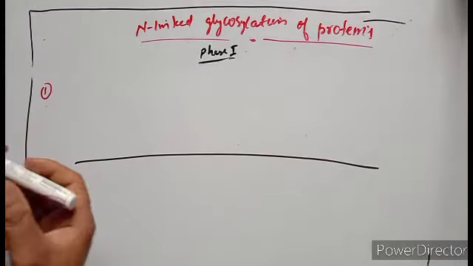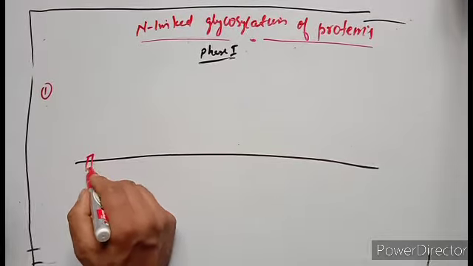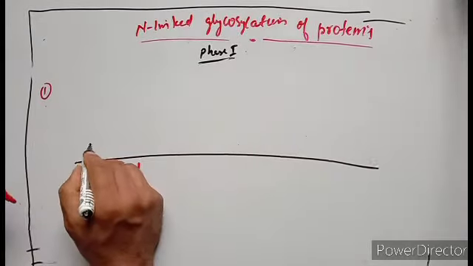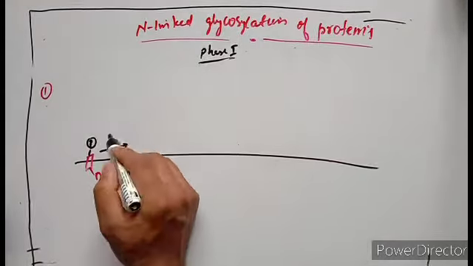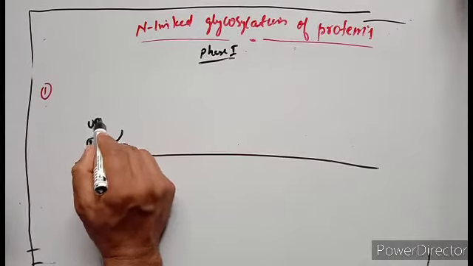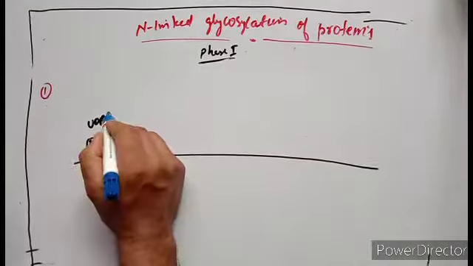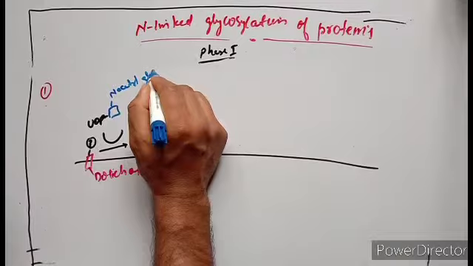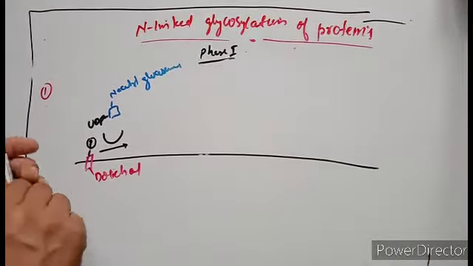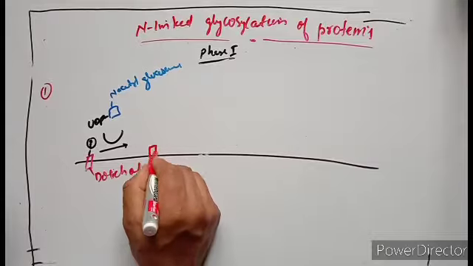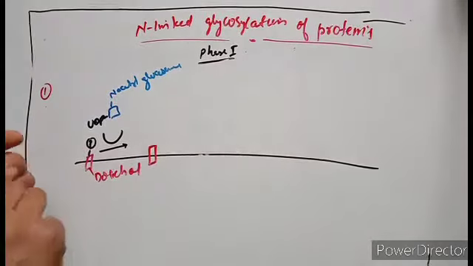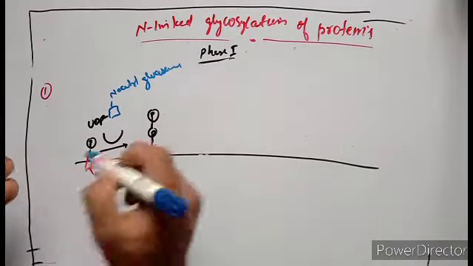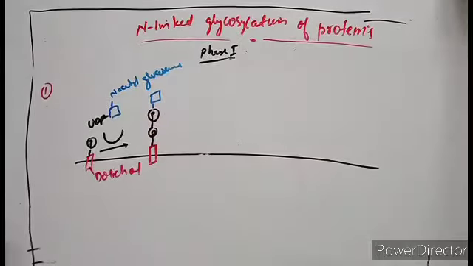So this is the diagram. This is our dolicol with a single phosphate residue. So in the first process, the UDP and acetyl glucosamine is added to the dolicol by the formation of a phosphate bond between the dolicol and the N-acetyl glucosamine.